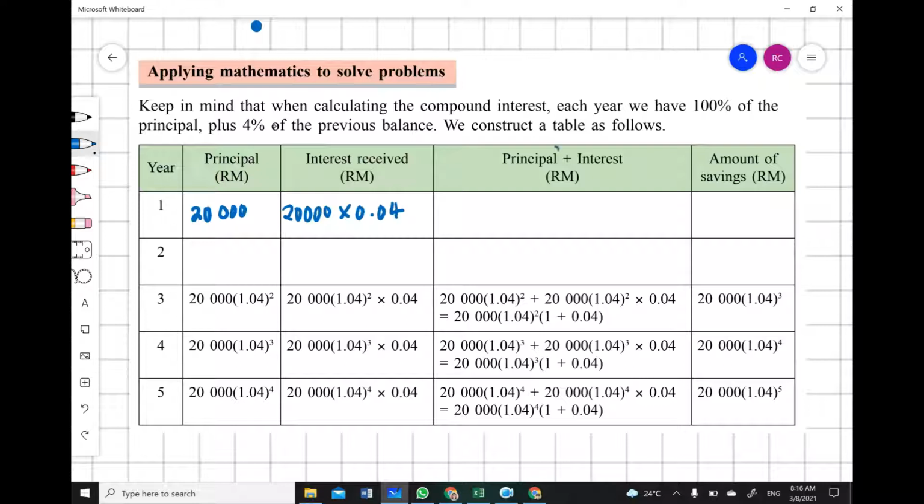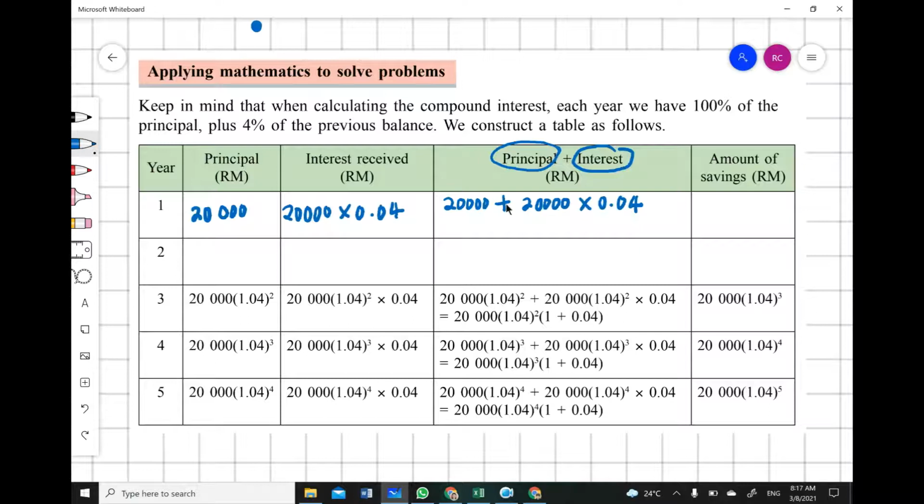Okay, after that the principal is 20,000 plus the interest. This is the interest here, that is 20,000 times 0.04. So when you look at this 20,000 plus 20,000 times 0.04, this is like the distribution law that you have learned in Form 1. Hopefully you still remember.